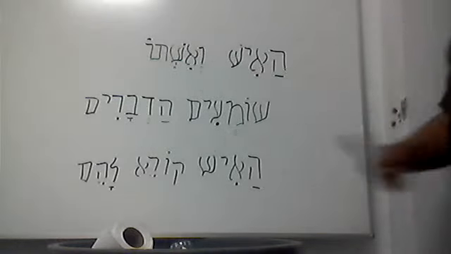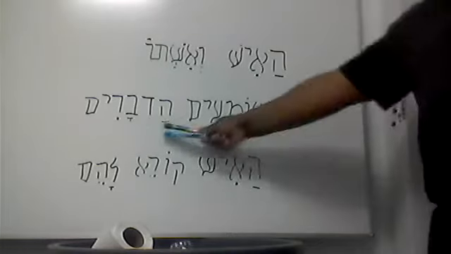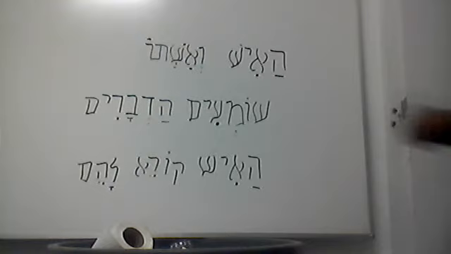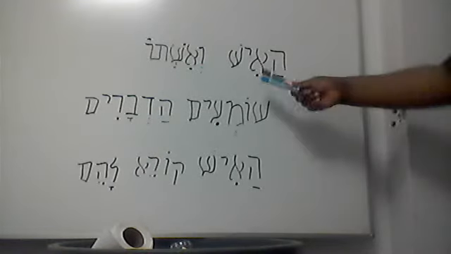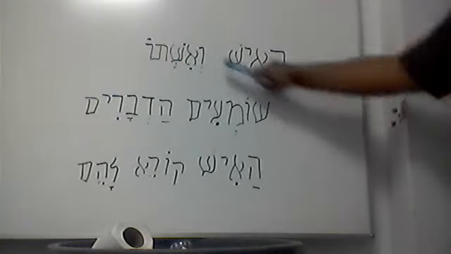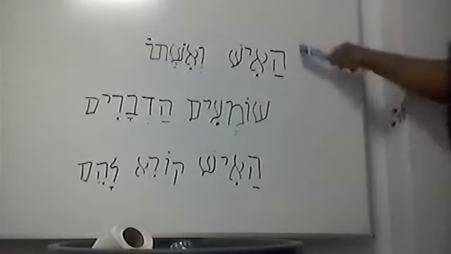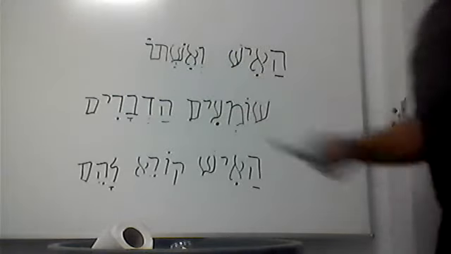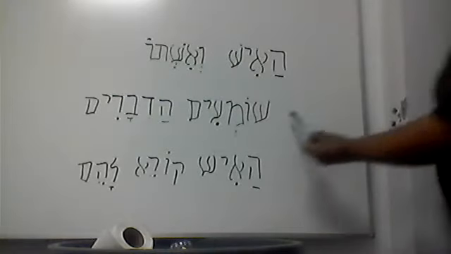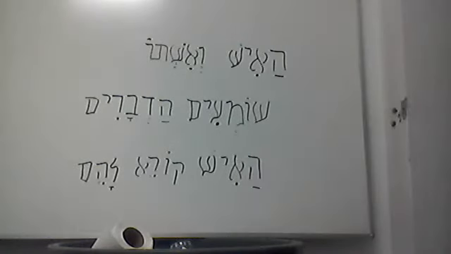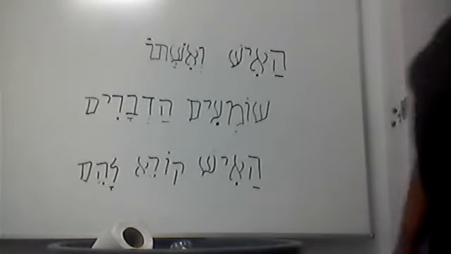Ha'ish ve'ishto shom'im hadbarim ha'ish kore lahem. Ha, the ish, the man. Ve'ishto, and his wife. Shom'im, from its root word shama, to hear, to understand, to obey.